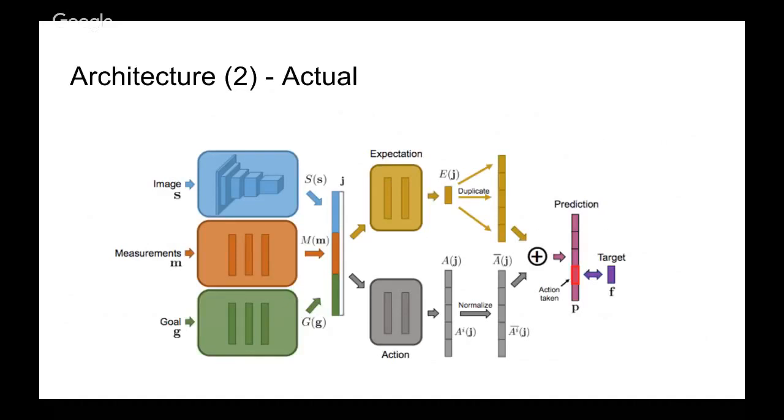Another interesting aspect is that if you had a good number of actions, the expectation stream has something like parameter sharing across all of the actions.